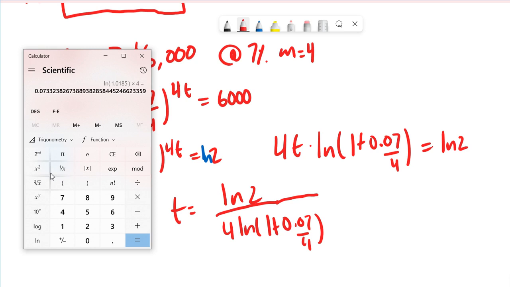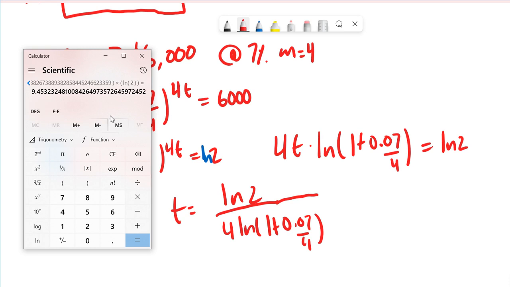And we're going to divide that, so that means that we need to reciprocate it. So there. But then multiply that by parentheses 2 natural log, close it, and hit enter. So notice that this is going to be 9.45 years.